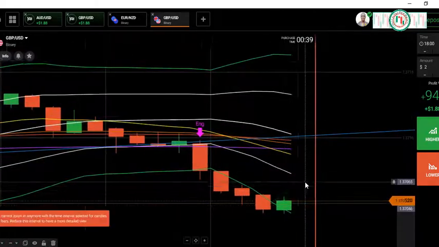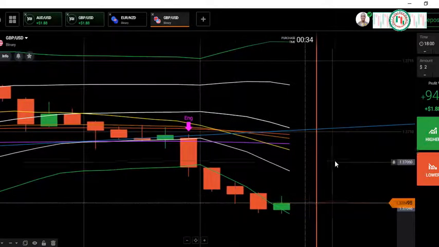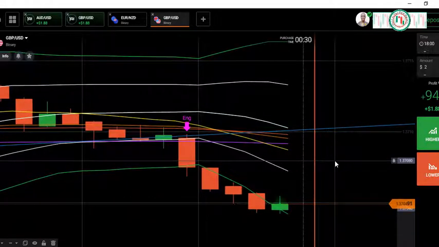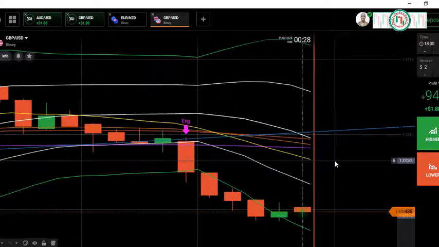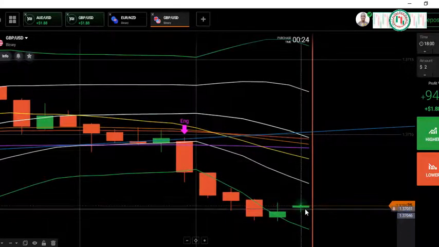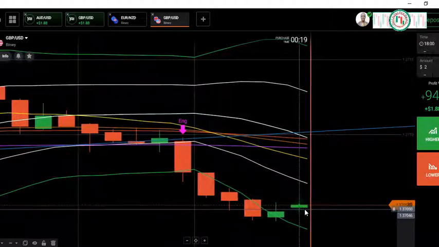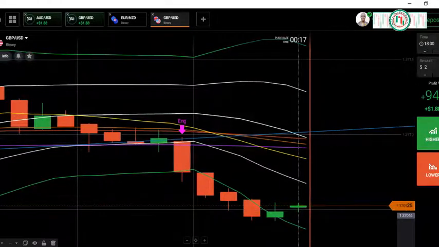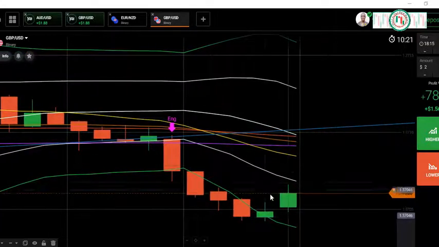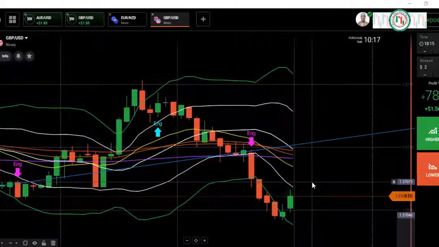And this is a round number. The market is rejecting. Yes, gap off. So here, yes, the market is trying to reverse from this level.